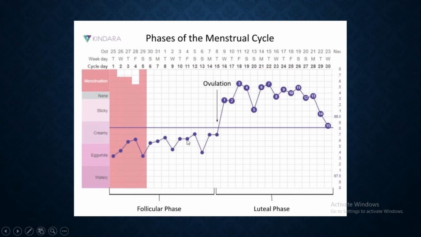Before the day 14, before ovulation, it is usually around 36.8 to 36.9 or 37 degrees Celsius. Right after ovulation, the body temperature increases until 37.1, 37.2 approximately, and it stabilizes somehow, it fluctuates around these values, 37.1 or 37.2.